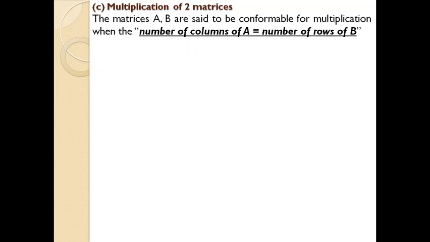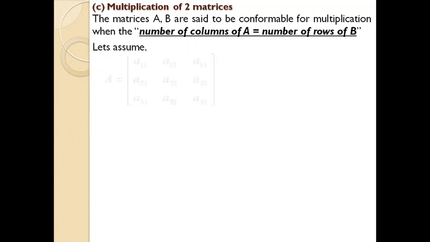That is the first common rule to be considered before going into the multiplication part. Next, the multiplication of two matrices is quite tricky. Once you understand the logic and the concept, it will be quite easy. Otherwise, it will be a headache for you. So from now on, please be very cautious.